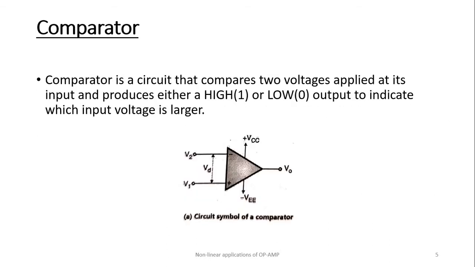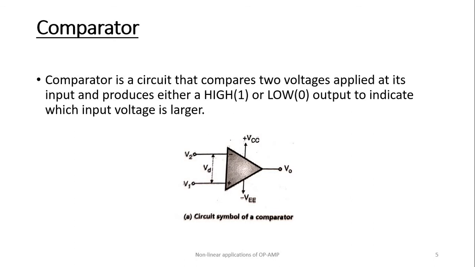Now what is a comparator? The definition of a comparator is that it is a circuit that compares two voltages applied at its input and produces either a high, meaning 1, or low, meaning 0, output to indicate which input voltage is larger.